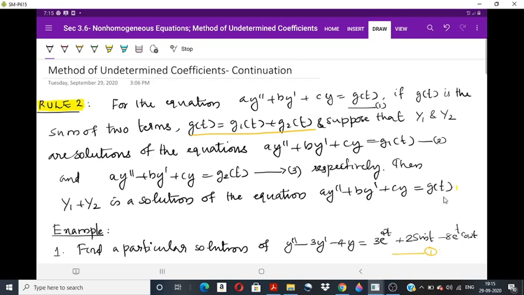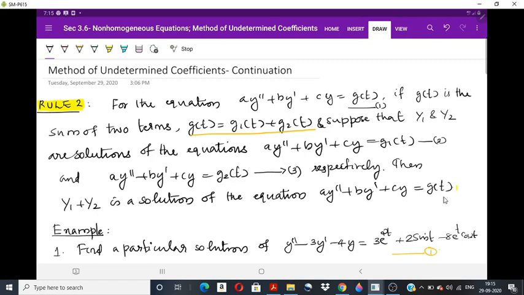That means if we are finding the particular solution of equation 1 where g of t is in the form g1 of t plus g2 of t, for finding the coefficients in the undetermined coefficients, one way is to take the two equations separately, one with g1 of t as the right side and another with g2 as the right side, and then find the particular solutions using the same method.